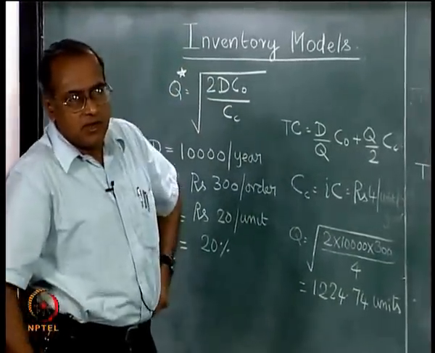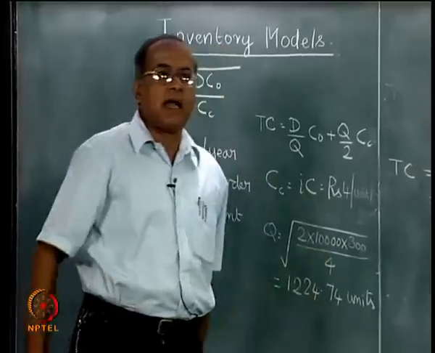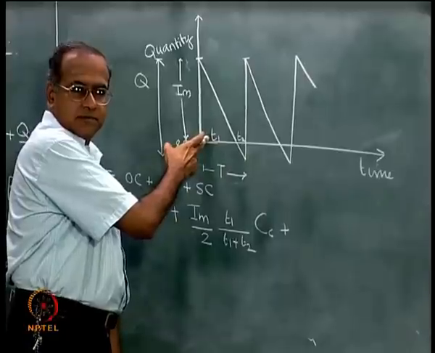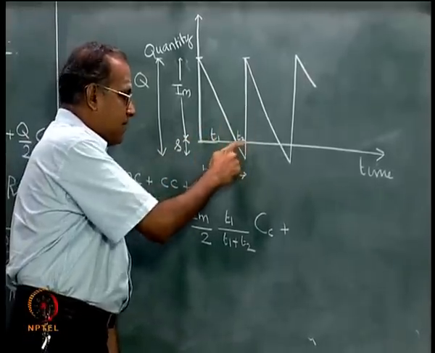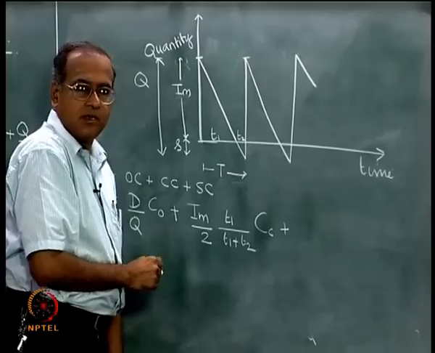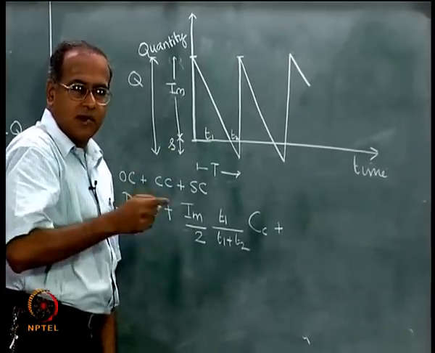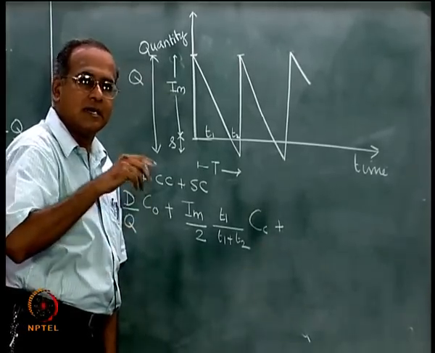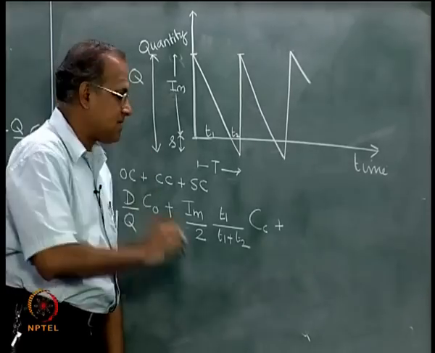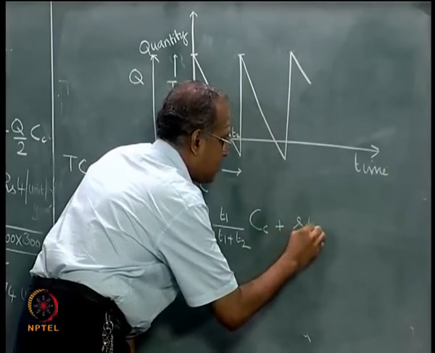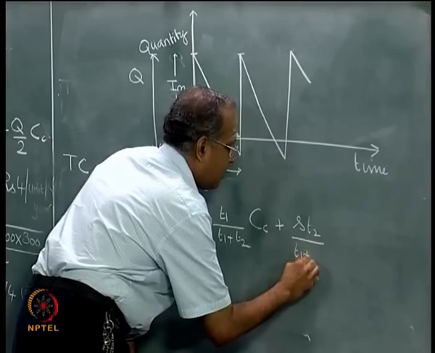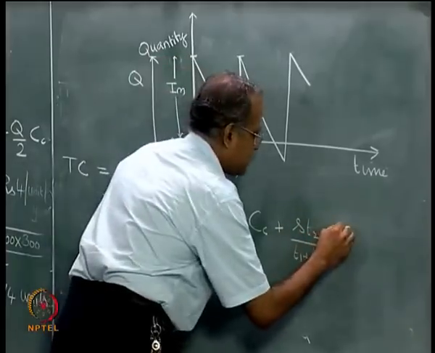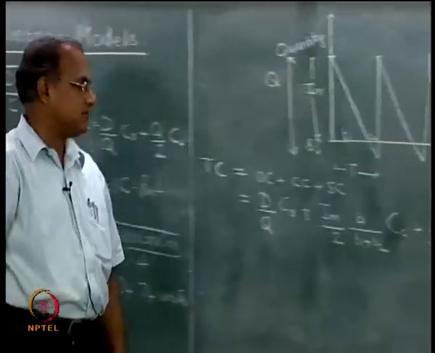In a similar manner, the average back order is 0 for a period T1, and an average back order of S by 2 for a period T2. So 0 into T1 plus S by 2 into T2, divided by T1 plus T2, which on simplification gives S into T2 by T1 plus T2, into the back order cost, which is defined as CS.